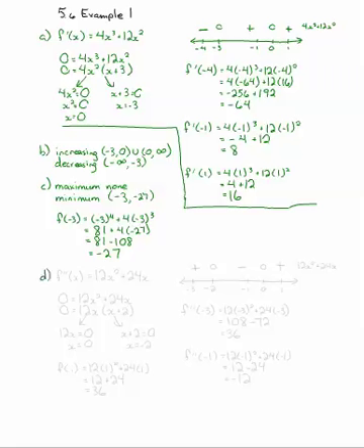D, now we're looking at the second derivative. So the second derivative of this function, 12x squared plus 24x. To do the sign analysis, we need to find when this is going to equal 0.